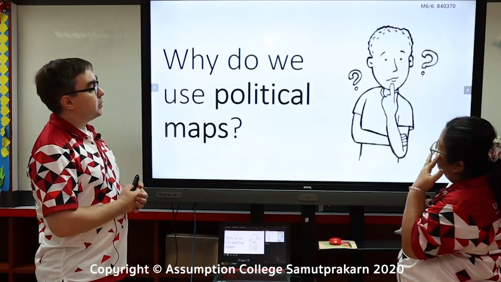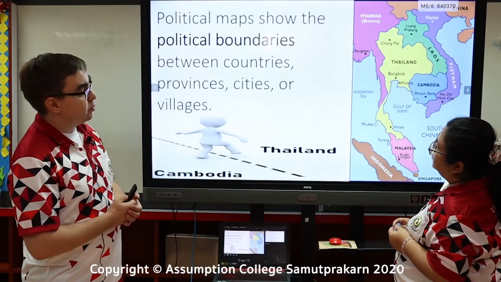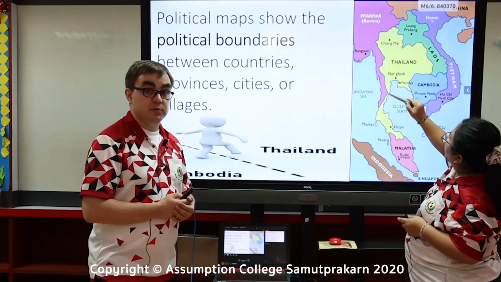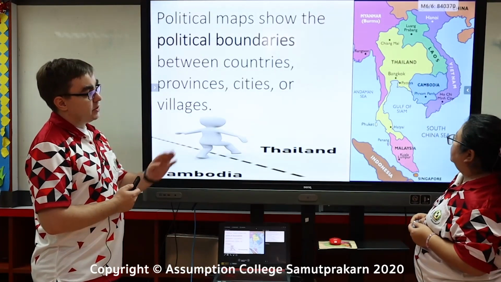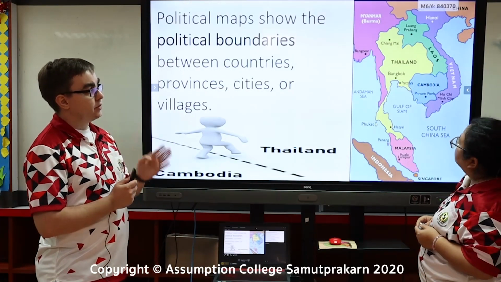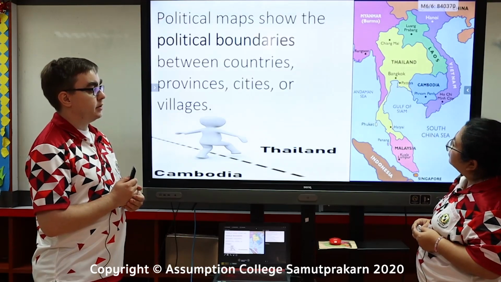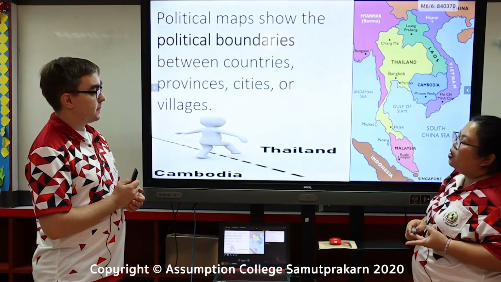So political maps show us the borders or boundaries between countries, เขตแดน. And maybe they give us some extra information about some capital cities, but not too much, provinces, city or village.